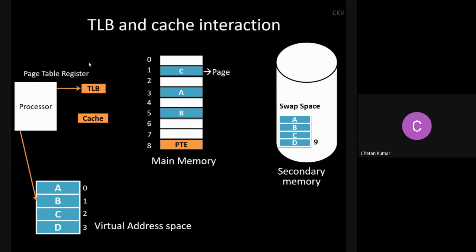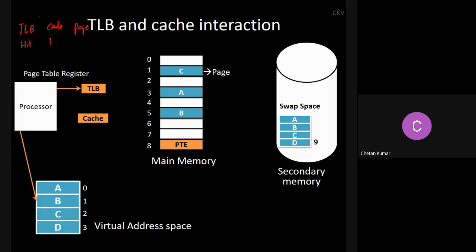Now, can you take a guess what the next scenario will be? First you have something related to the TLB, then something related to the cache, and then something related to the page.